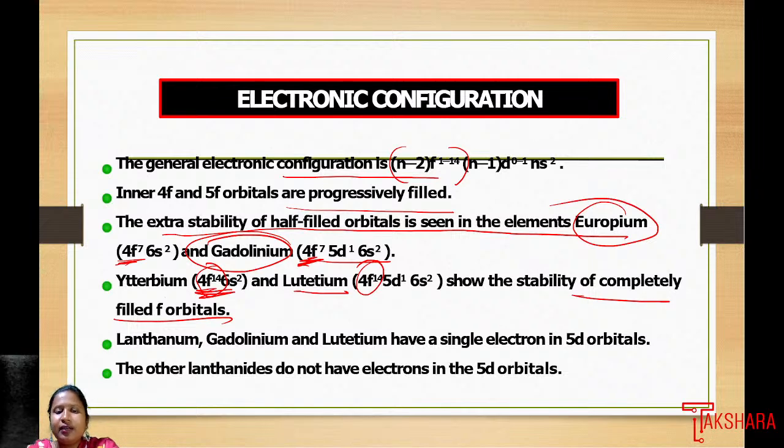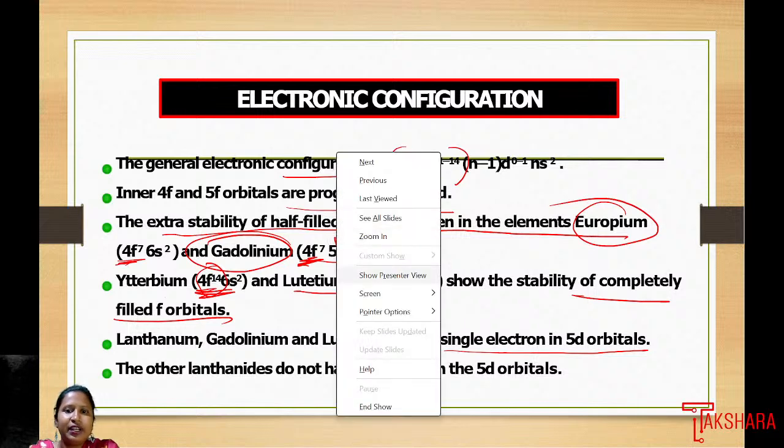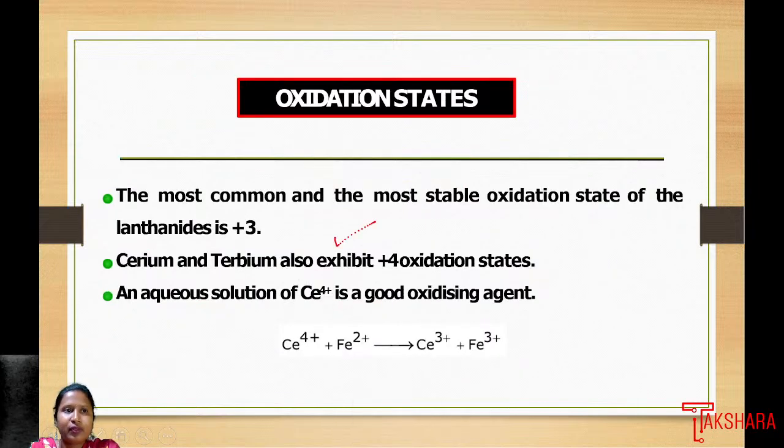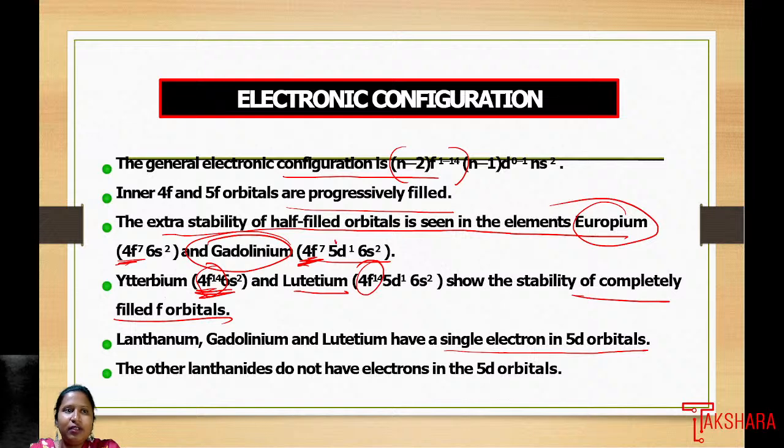Then lanthanum, gadolinium and lutetium have a single electron in the 5d orbital. See, when we observe the configuration, in the d orbital we have 1 electron, and here also we have 1 electron, correct? So ytterbium and lutetium are showing the stability of completely filled f orbitals.